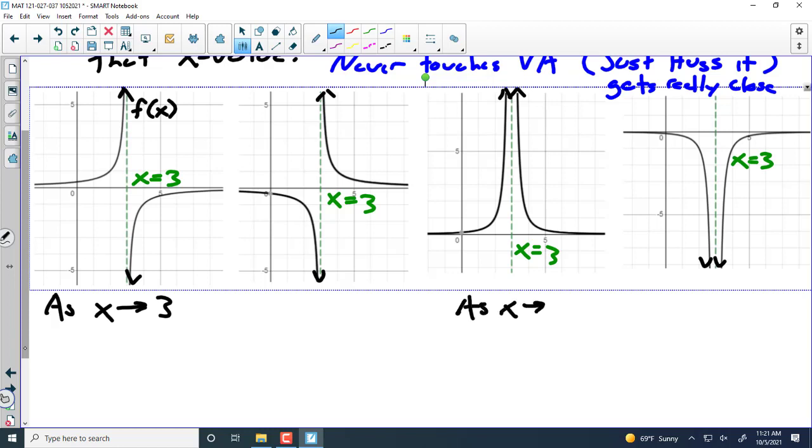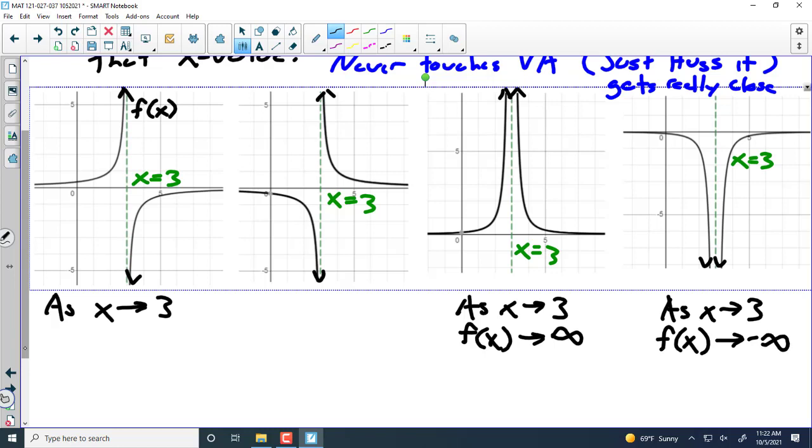As x approaches 3, the function goes to infinity. In other words, as we get really, really close to 3, the graph goes up. Everyone see that? This one over here, as x approaches 3, the function goes down to negative infinity. As we get really, really close to 3, the function shoots down, goes down forever.